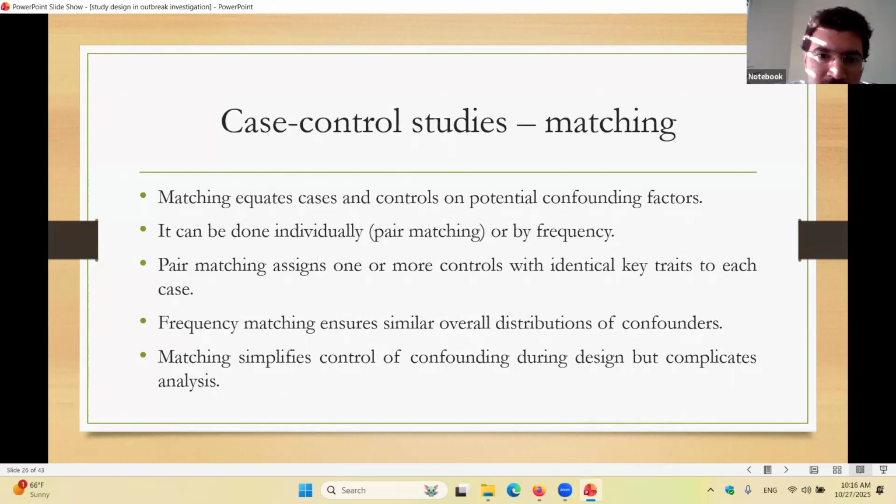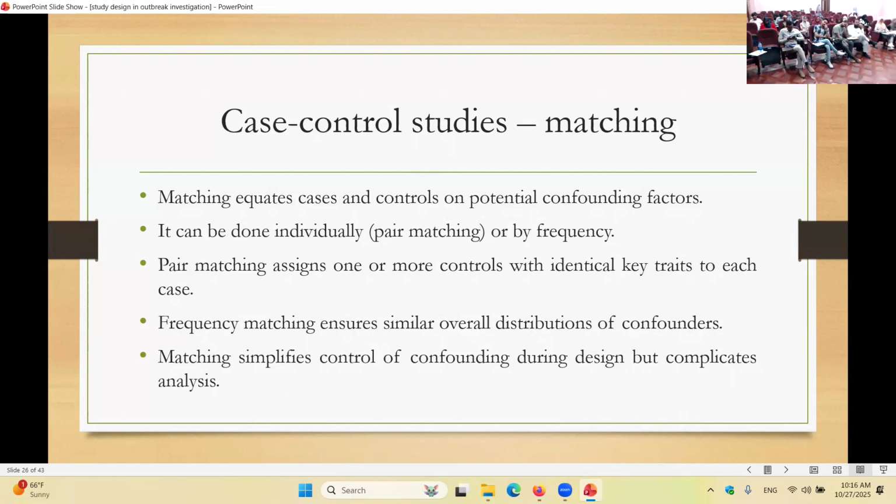For example, when you match ages, the mean age in cases is 40 years old, and the mean age in controls is also 40 years old. Therefore, age cannot affect your result, cannot affect the relationship between exposure and the outcome. Okay?